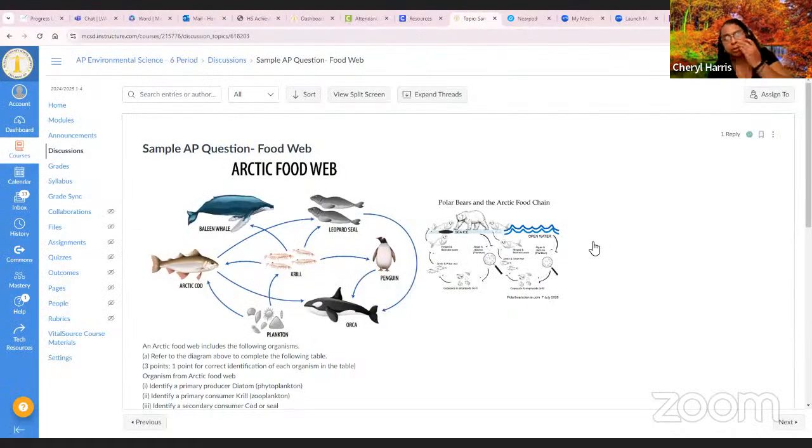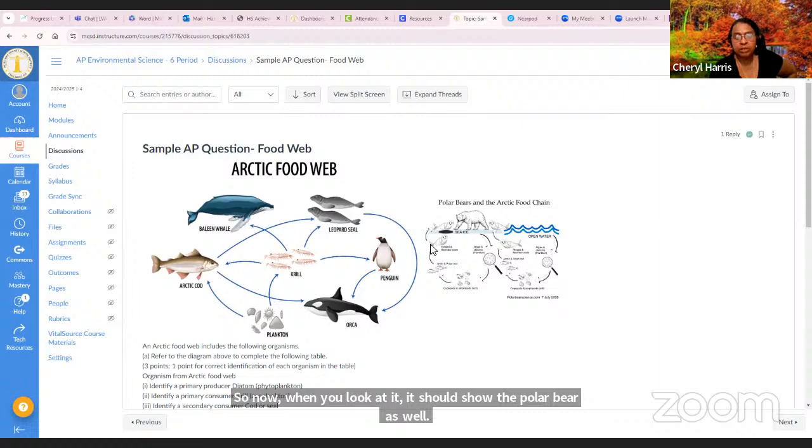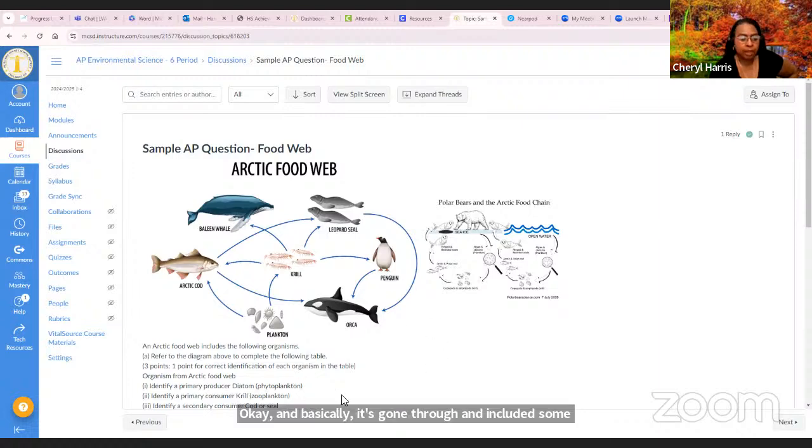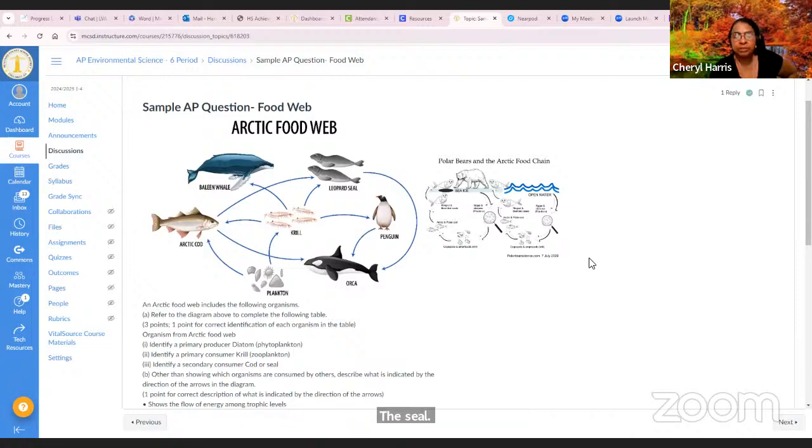All right, so now when you look at it, it should show the polar bear as well. Okay, and basically it's gone through and included some of the things as well. So it's included the seal, it's included algae and the diatom. So it includes all of that, but it adds the polar bear to the web. So there's just two different ways of looking at it.